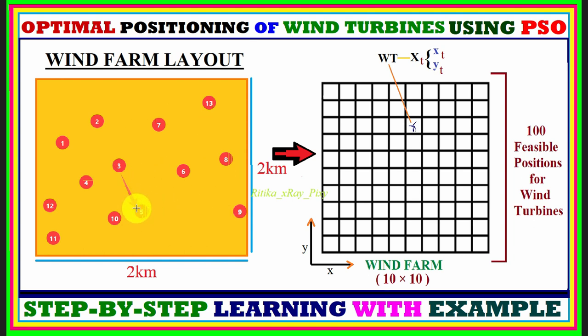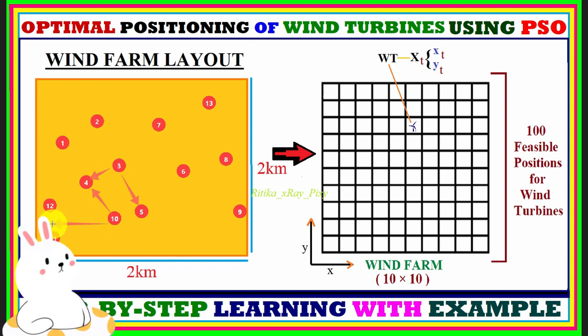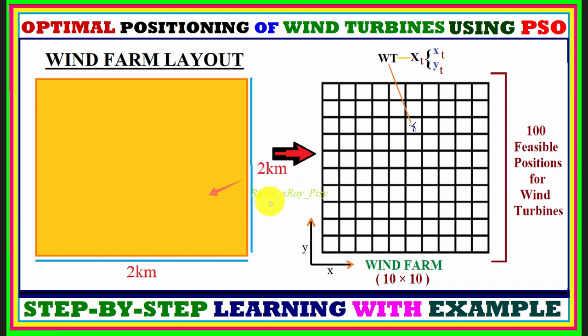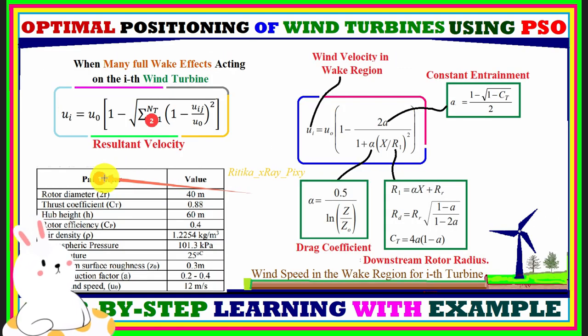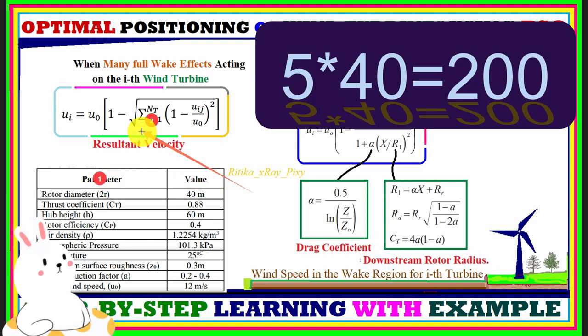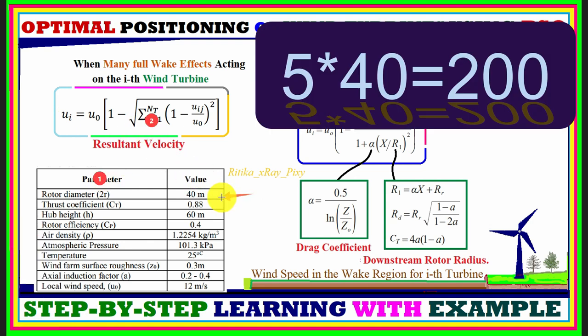For better results we will set the minimum distance between the wind turbines. So we will consider the minimum distance between two wind turbines to be 5 times the rotor diameter. Minimum distance between two wind turbines is equal to 5 times rotor diameter, and rotor diameter is 40.